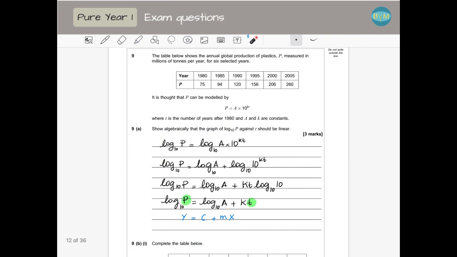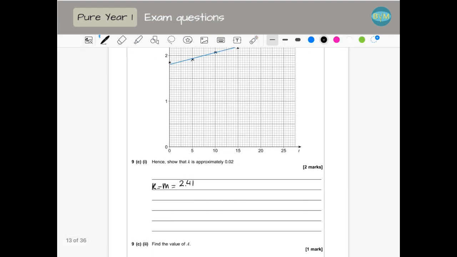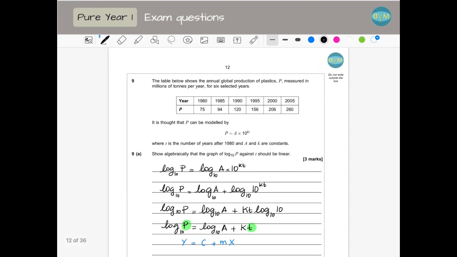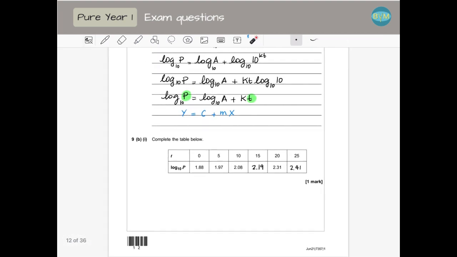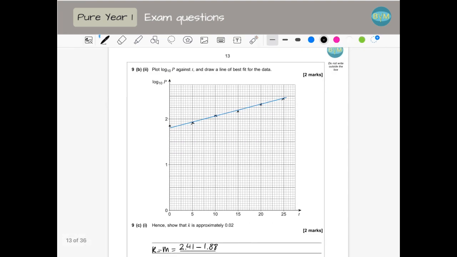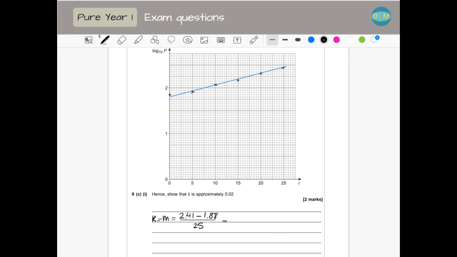Remember, when we compare the expression with the equation of a line, K is the gradient. That's why I'm finding the gradient. This is 0.0212, which is roughly 0.02. You could use the line of best fit that you draw. You will get a slightly different number, but you will still get the marks. So it's either way.